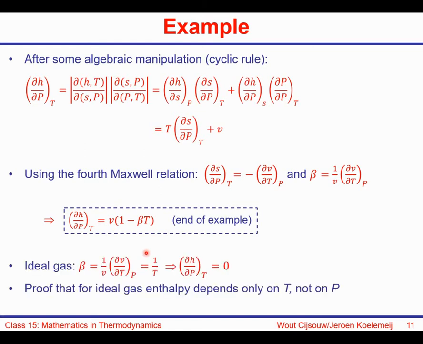And for example, we could insert the thermal expansion coefficient for an ideal gas, which is 1 over T. Then it turns out that this partial derivative is 0. So that basically proves that for an ideal gas, the enthalpy does not depend on the pressure. It only depends on the temperature.